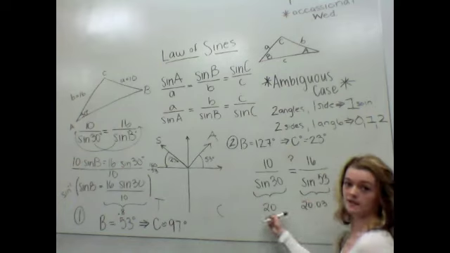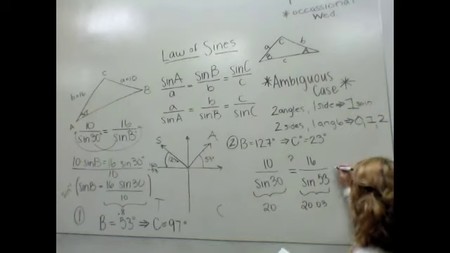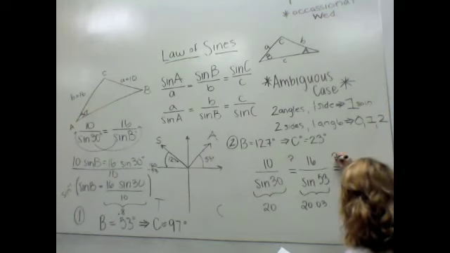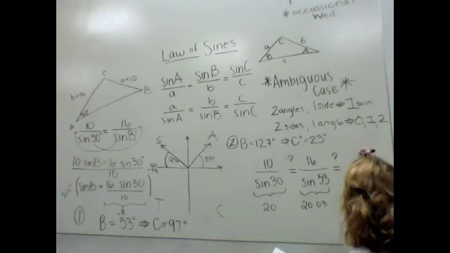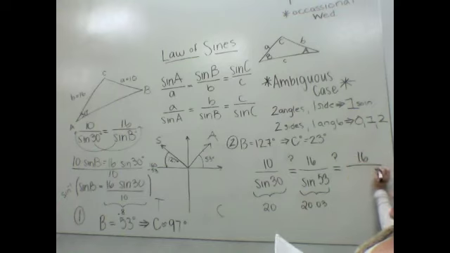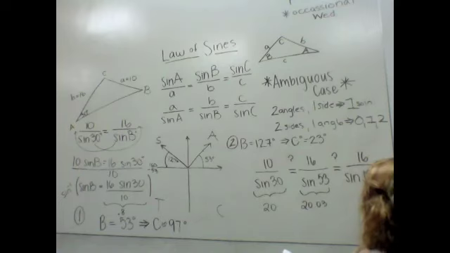Very close, once again, to that first ratio, so we know that it's okay. And just to prove to you that there is the second case, and the ratio does work, we have still our side length of B is 16, and the other angle was sine of 127 degrees. And if you type this into your calculator once again, you get 20.03, close enough.